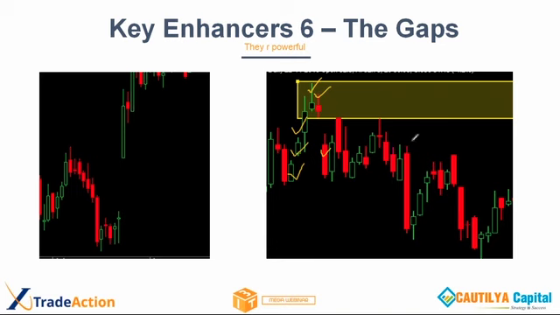Now according to rule number 4, how far did it travel? It didn't travel at all. According to rule number 4, we don't even take this trade. But here I'm just trying to explain rule number 6, so I took this slide. Remember, the price came back, kissed and bounced, kissed and bounced two times and fell further. The beauty is, if you had taken the body to wick, this entry also would not have come.